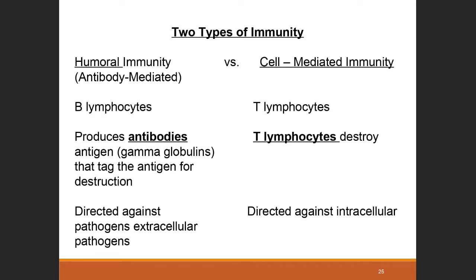If we just do a quick compare-contrast, B cells, B lymphocytes for our humoral immunity, T cells for our cell-mediated, always using antibodies for our humoral immunity, no antibody production for our T cell.